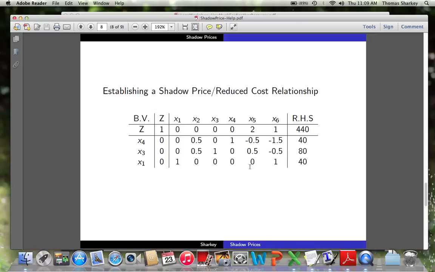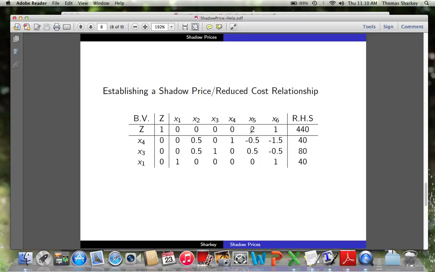Really, what happens if we introduce 2 new big bricks is that temporarily x5 gets driven up to be 2, and we need to drive it back down. We need to decrease x5. So if we're decreasing x5, everything in x5's column now represents the increase to the appropriate basic variables.